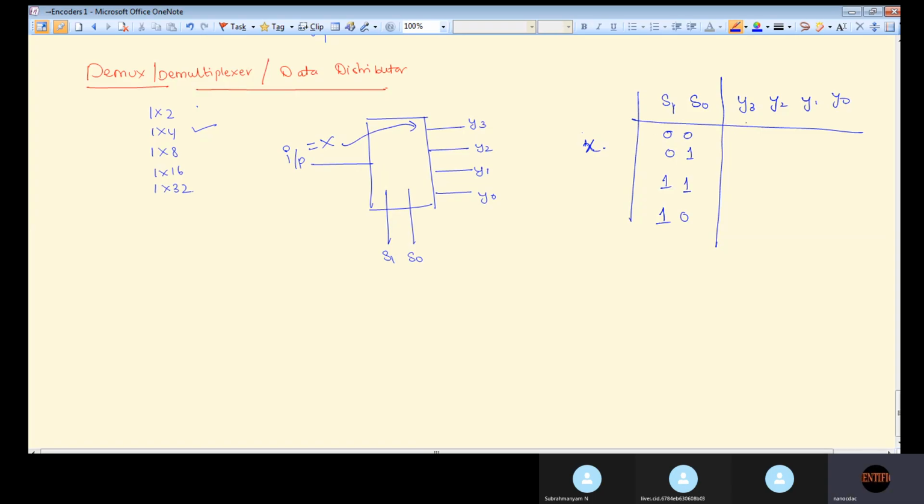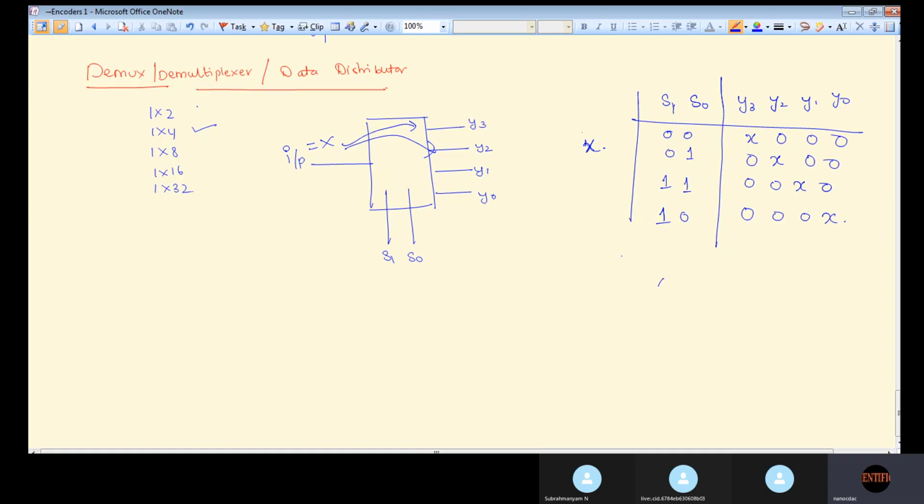Rest of all the output signals will be equal to 0. If 0 1, the x signal is routed to y2 and all the other signals are zeros. Okay, 0 0 x 0 and here 0 0 0 and x. So this is the demultiplexer.